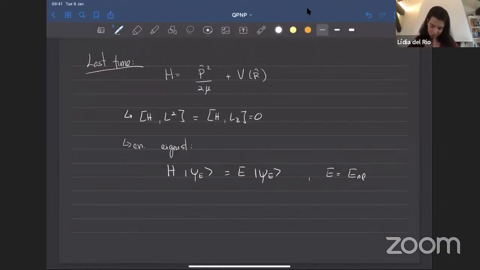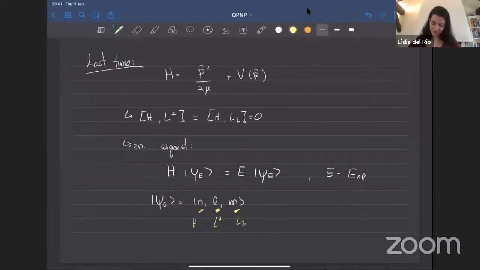But then we saw that all these states must have this form, where this was the eigenstate of L squared, and this corresponds to the eigenvalue of Lz and L squared, and this depends just on the shape of the Hamiltonian, right?